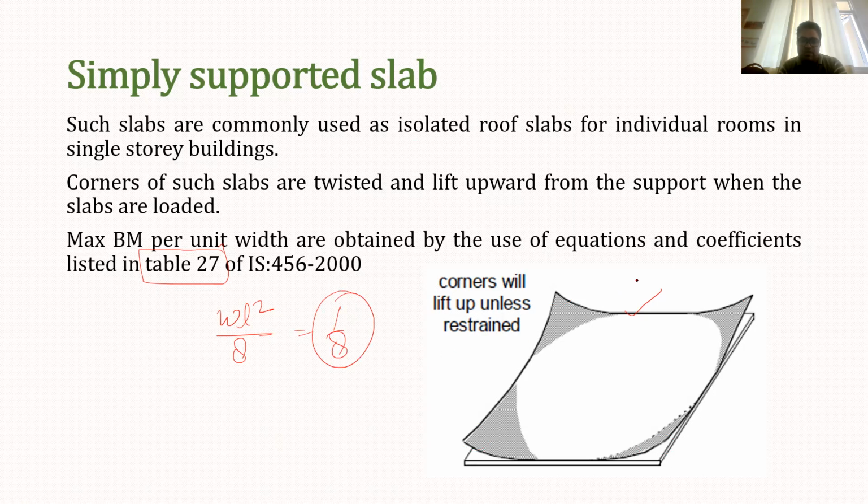When we design a two-way slab, this bending moment coefficient 1 by 8 is not the same, and it is dependent on the aspect ratio. Therefore, this value is given in table 27 for different aspect ratios. So we will see this table 27 later when we will be discussing the design considerations.